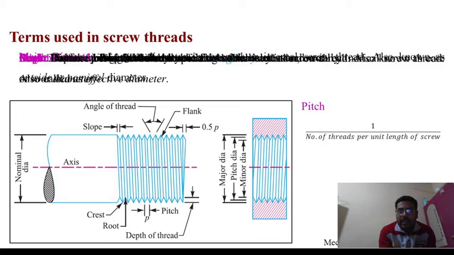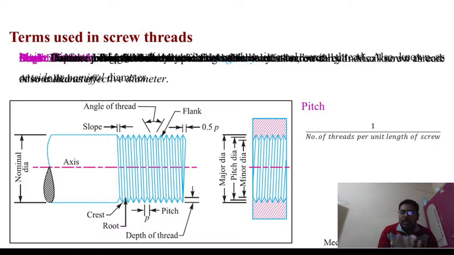0.5 P is the internal pitch of the starting. So major diameter. What is the major diameter? It is the outer portion of the diameter of the thread, called the major diameter.